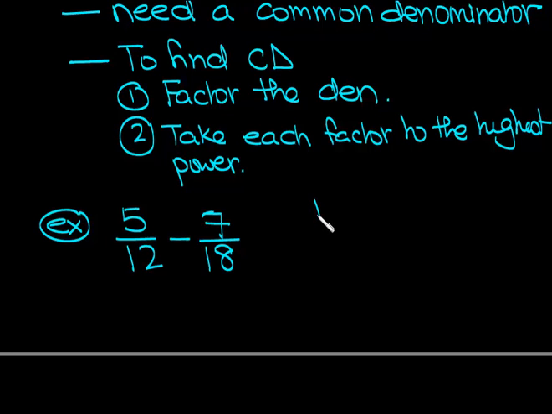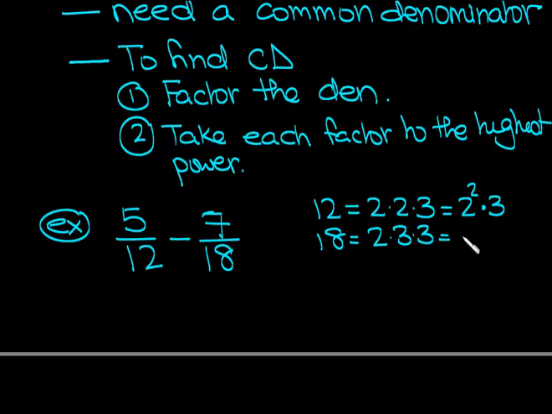The first thing I do is take each denominator and factor it. So 12 is 2 times 2 times 3, which I can write as 2 squared times 3. 18 can be written as 2 times 3 times 3, so I get 2 times 3 squared.